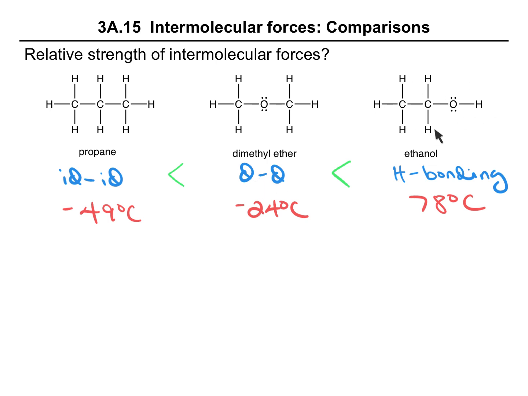Ethanol has induced dipole as well as dipole-dipole as well as hydrogen bonding interactions. But we focus on whichever one is the strongest. And so we don't focus on the fact that there's induced dipole interactions here. We focus on the dipole-dipole because those are stronger. In general, we wouldn't talk about the induced dipole interactions because the hydrogen bonding is much stronger.